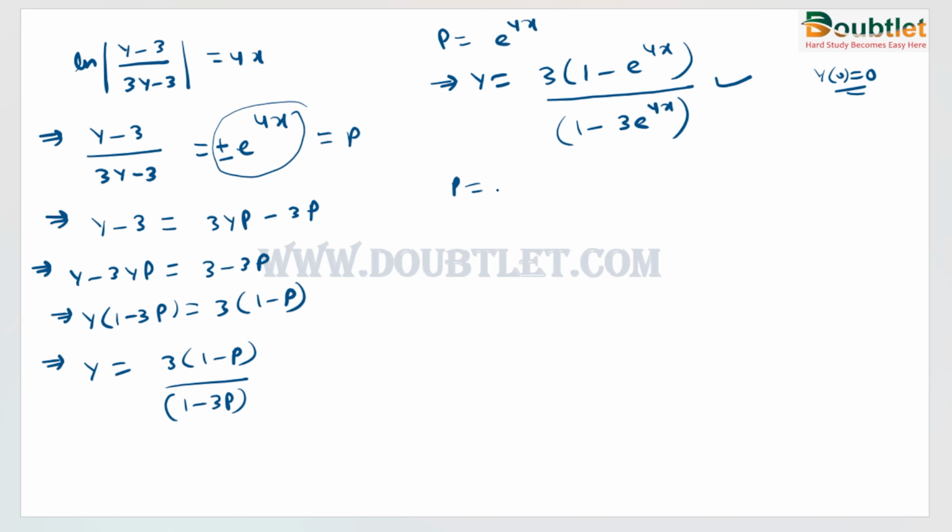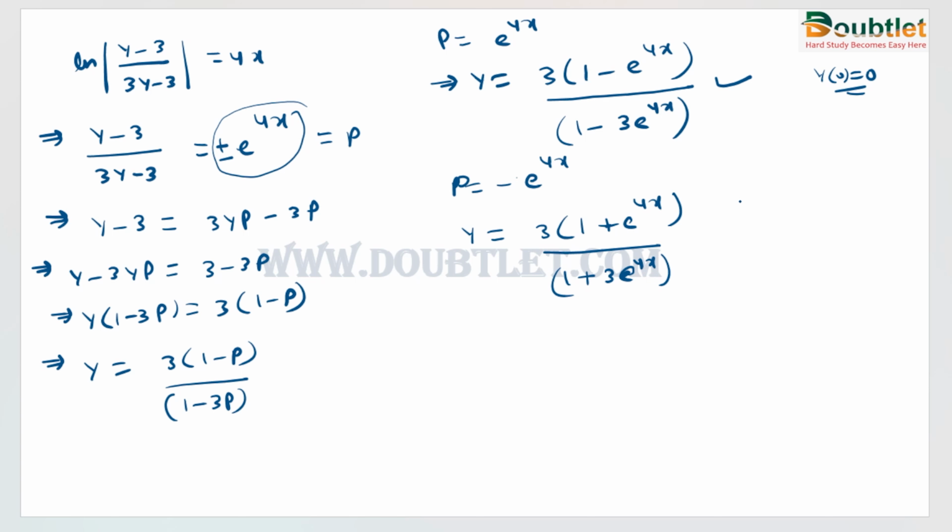Now if we take p is equal to minus e to the power 4x, then we can write y is equal to 3 multiplied by (1 plus e to the power 4x) divided by (1 plus 3 e to the power 4x).